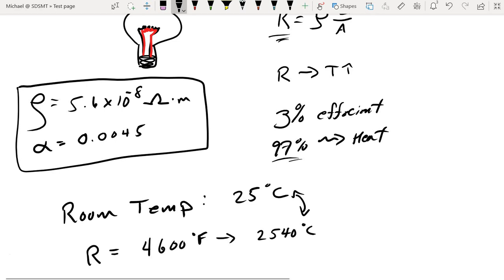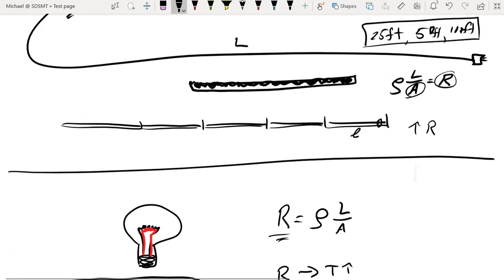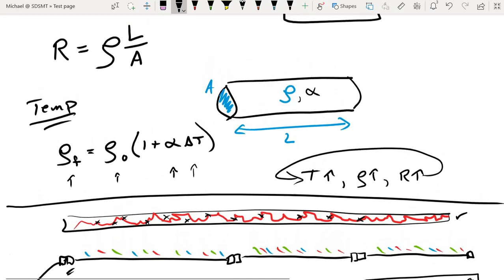All right, well, in order to figure out the new resistance of this tungsten filament, we're going to go up to that temperature equation.